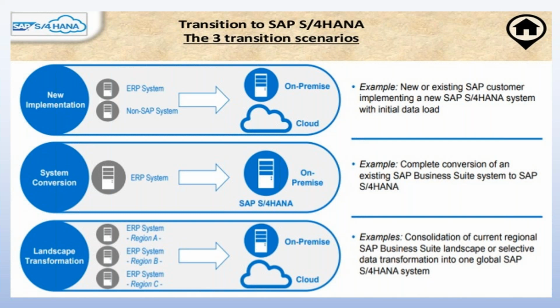Then only you are allowed to do the conversion. In conversion, what is going to happen is your SAP system will get converted to S4HANA. We are going to call it a migration project as well. So it may be conversion or migration.